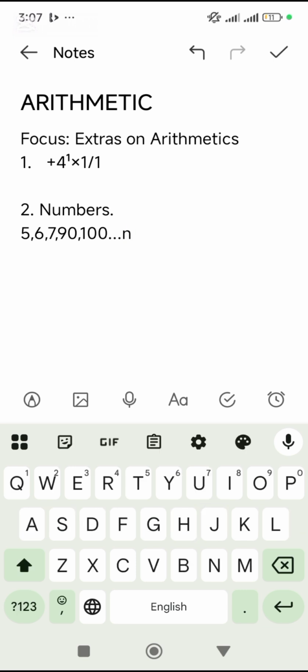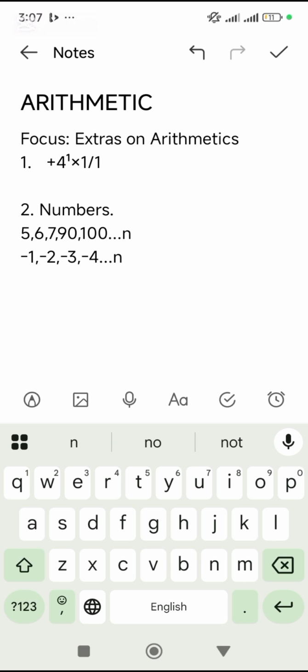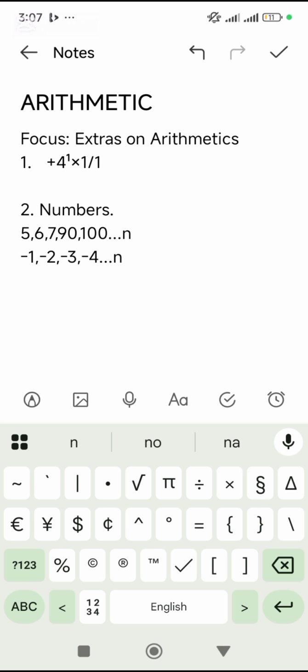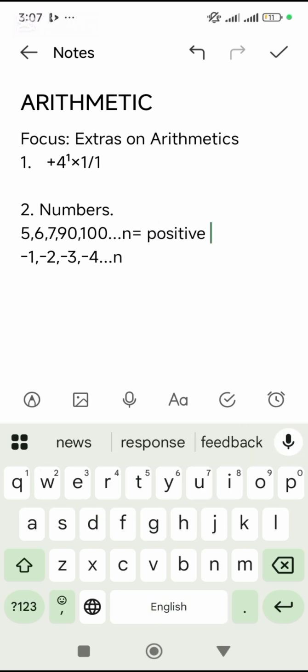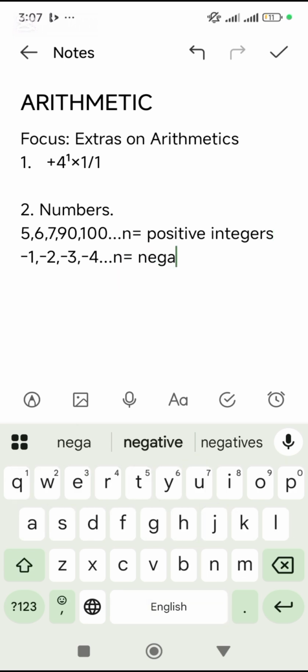Then the number -1, -2, it will be better if you understand number line. Maybe I will do a video separately on number line. -2, -3, -4, it continues down to infinity. These numbers, the first one is positive numbers, or what we call positive integers. The second is negative numbers or negative integers.